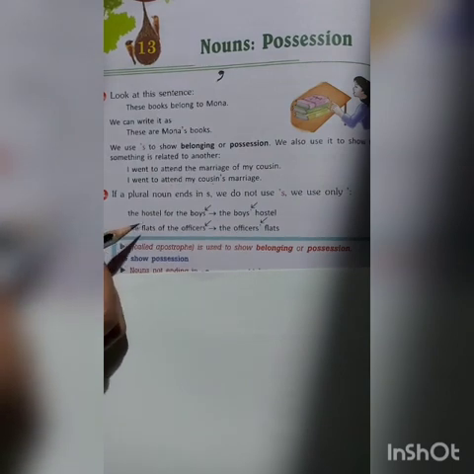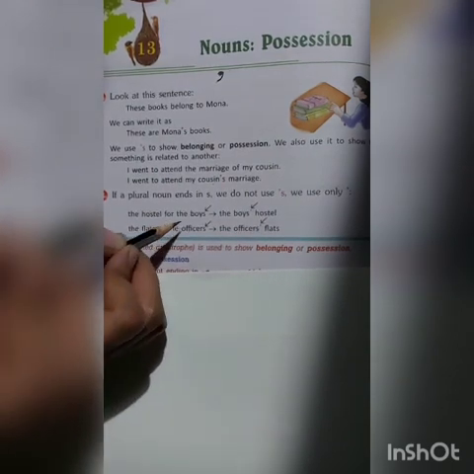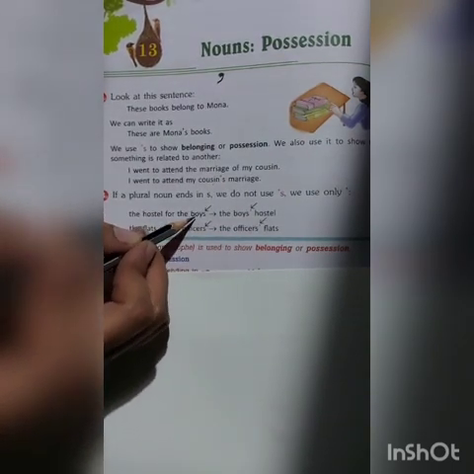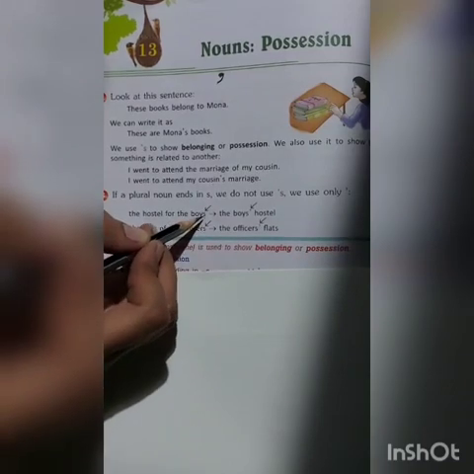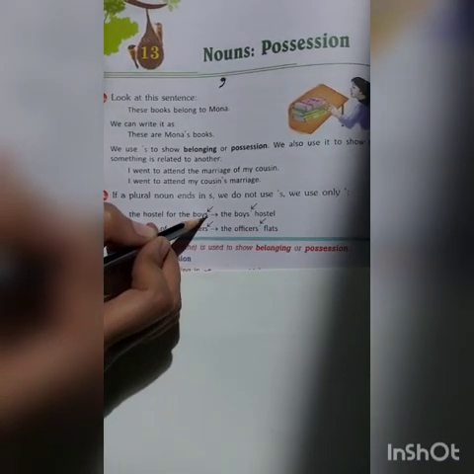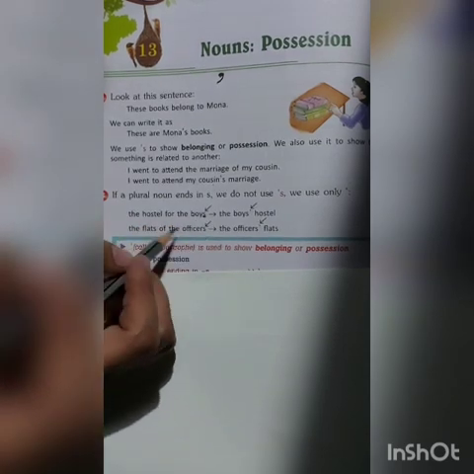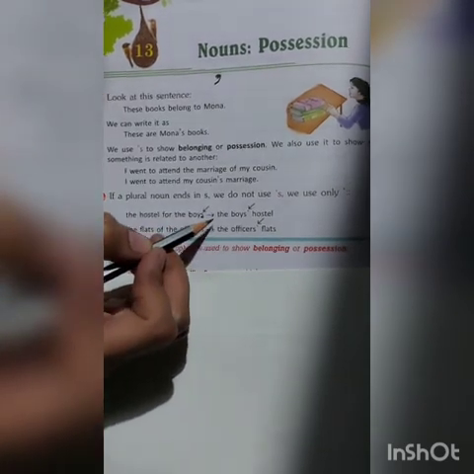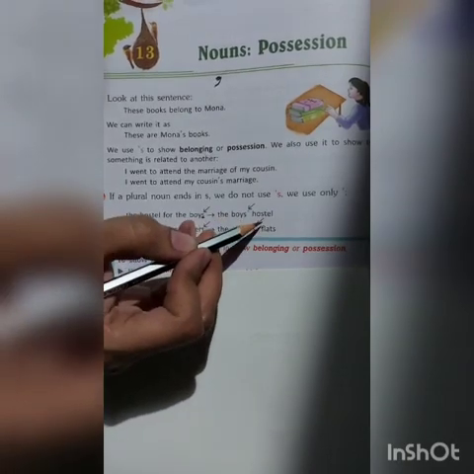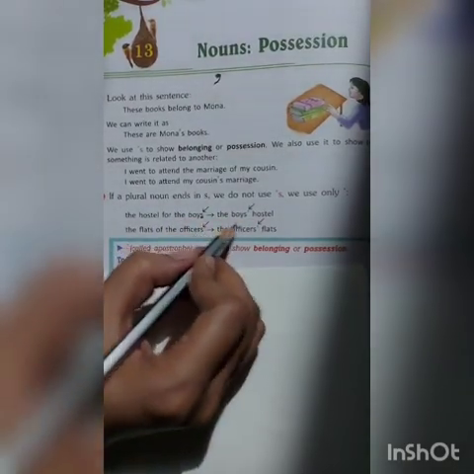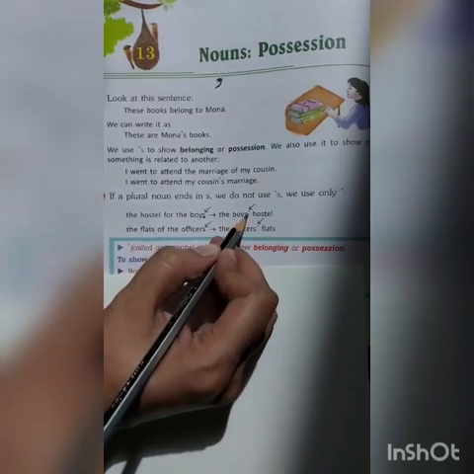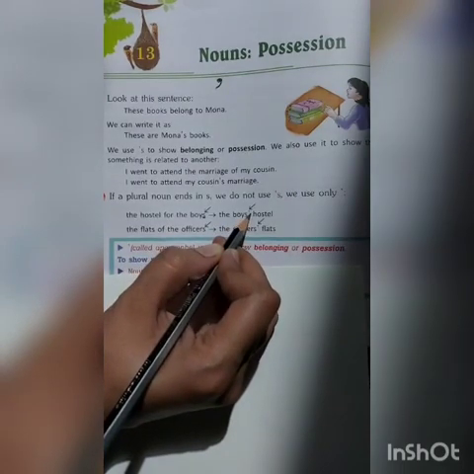Like here, the hostel for the boys. Now boys is what? It's a plural noun which is ending in S. So here, how will we show possession? We will say the boys' hostel. Now here, as you can see, we have only put apostrophe, not S.